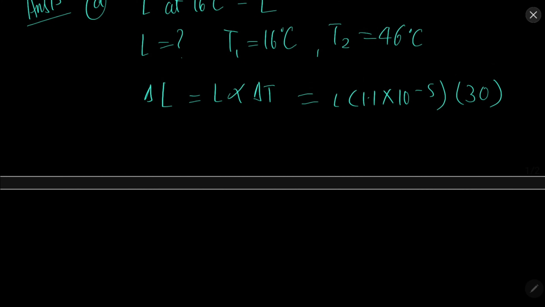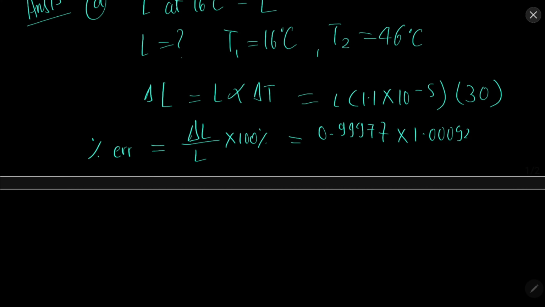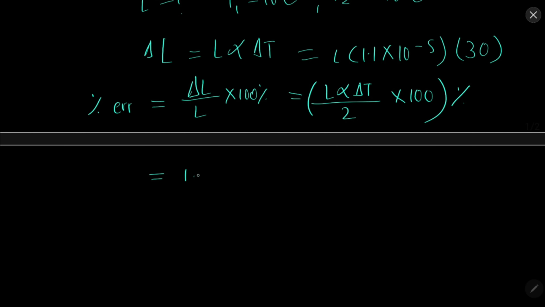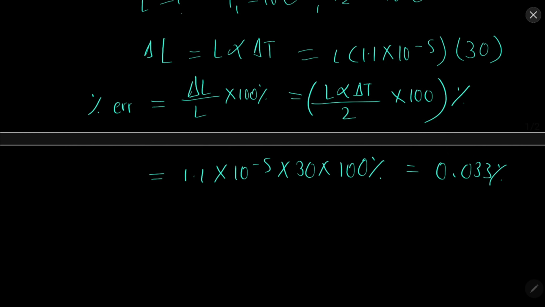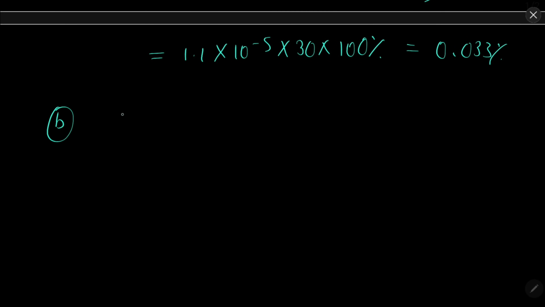Now after this the percentage error will be del L over L into 100%, or if we write in the formula, it will be 1.1 into 10 to the power minus 5 into 30 into 100%, which will be 0.033%.